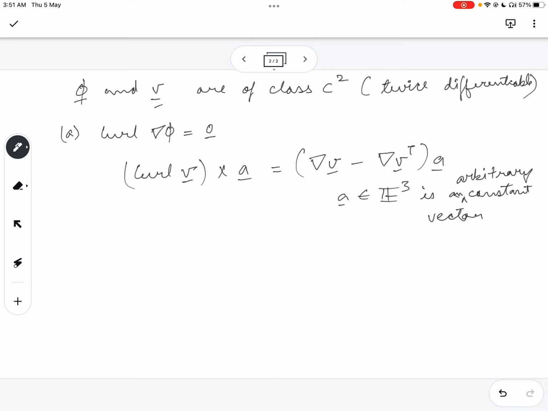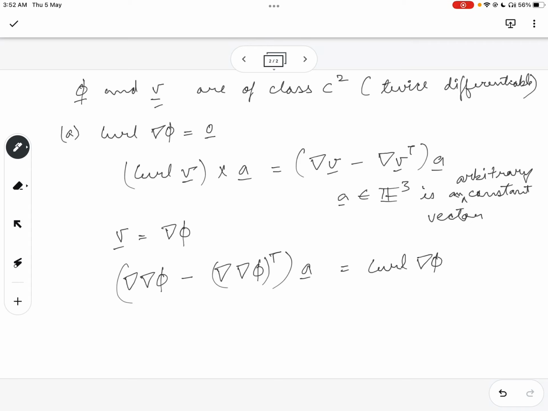So when v is gradient of phi, we have gradient of phi minus gradient of phi transpose acting on a is equal to curl of gradient of phi cross with a.